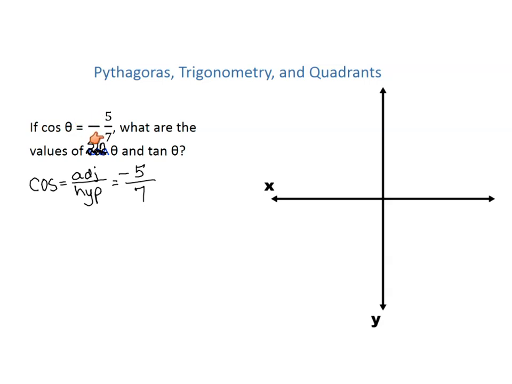The hypotenuse, or the bottom in this case, is always going to stay positive. Remember, our cosine correlates with our x value. So we're going to have to go 5 to the left, and we don't know how far up we're going to go, but our hypotenuse is going to be 7. So let's fill those two parts in.